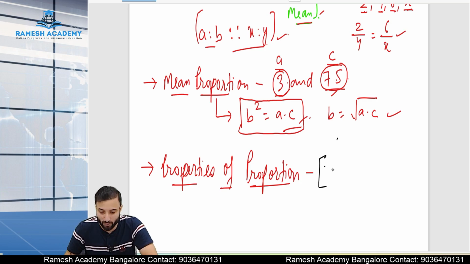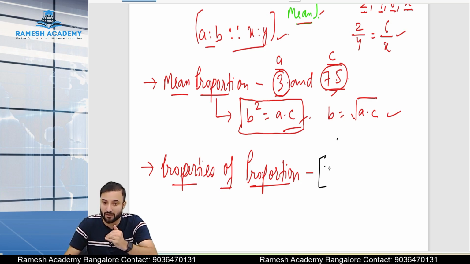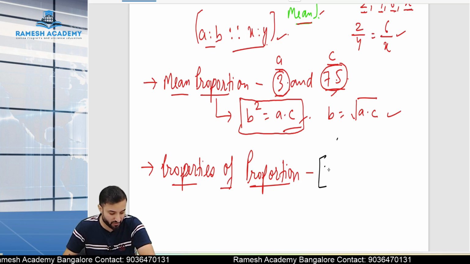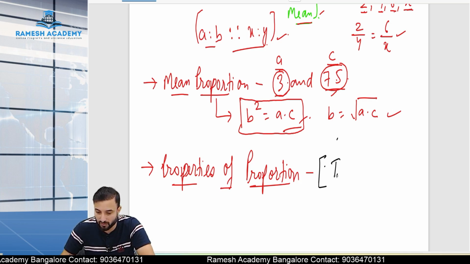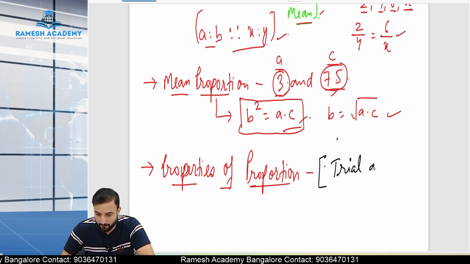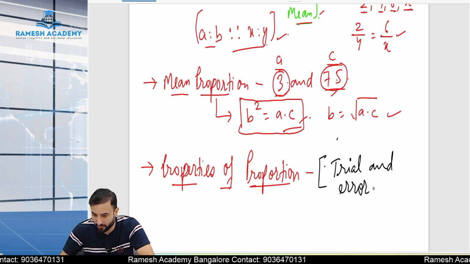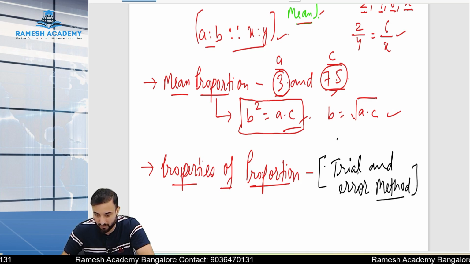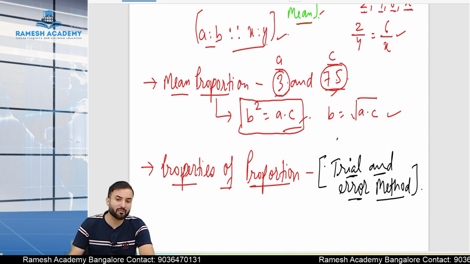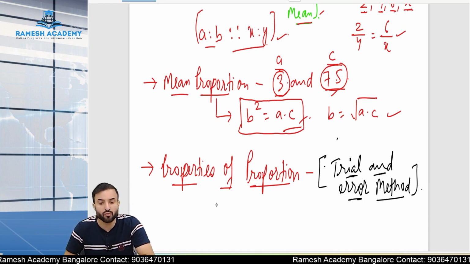If they ask a question from the properties of proportion, we are going to use the trial and error method. Trial and error method means we will use the options.